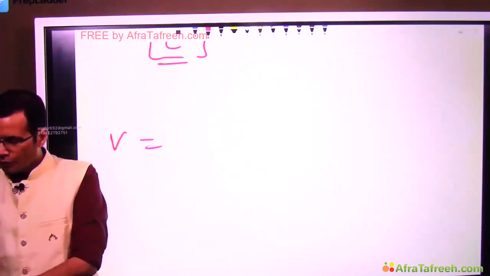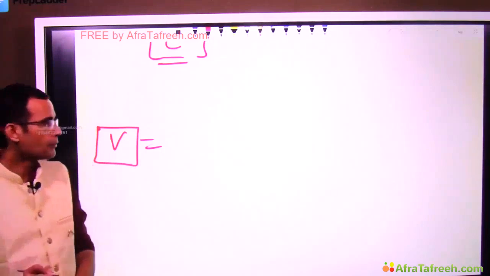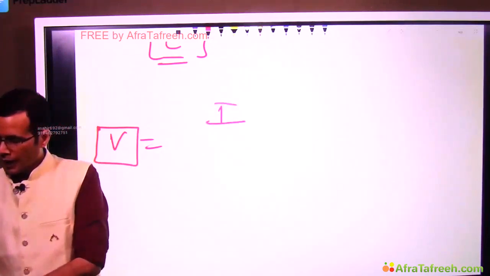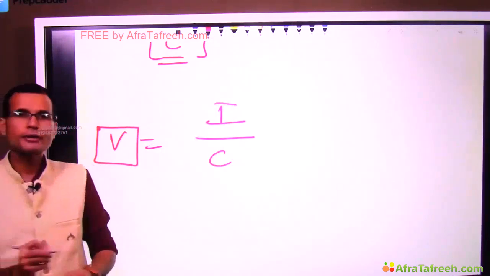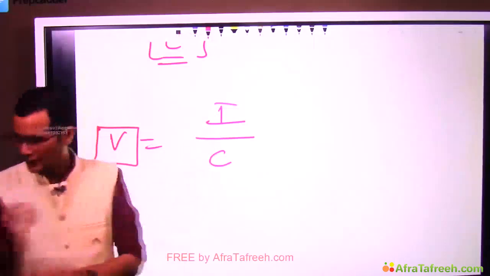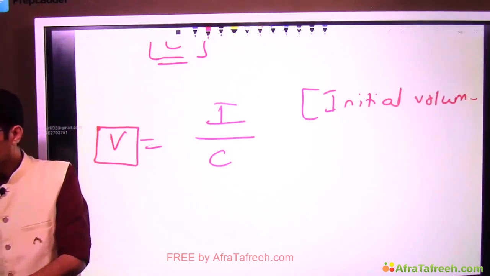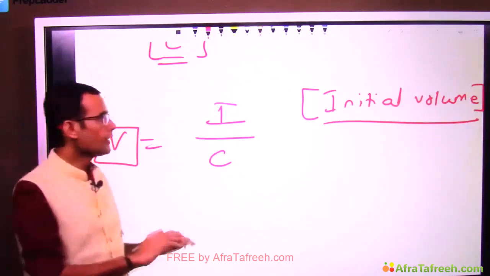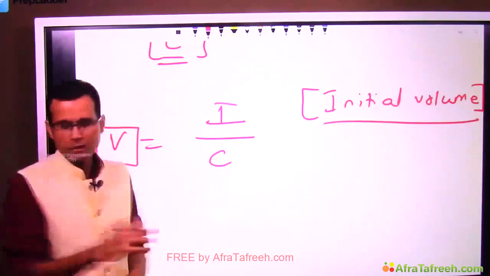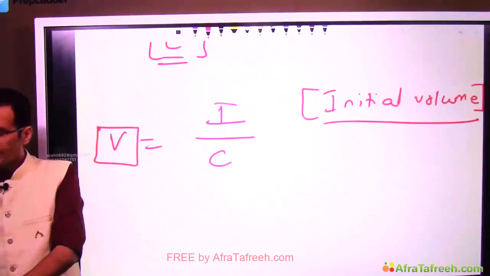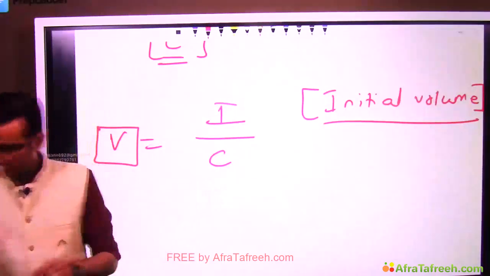V, volume of the compartment, is equal to I upon C. I is the initial volume of the dye injected, then it got uniformly dispersed, and then we collected a sample and the concentration was measured.